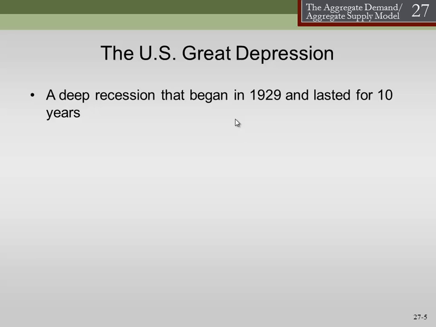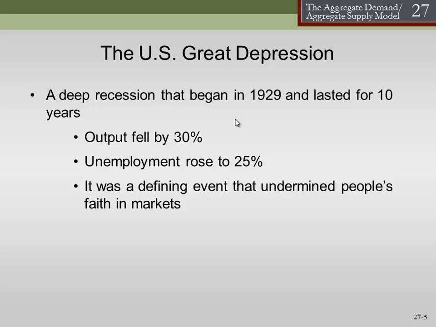But really, there was nothing that remarkable about it in '29. But then it just goes on and on and gets deeper and deeper. So one of the questions is, why does it do this? Output fell by 30%. Unemployment rose to 25%, and that's probably understated.